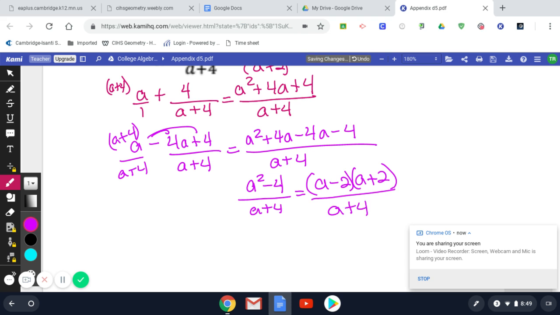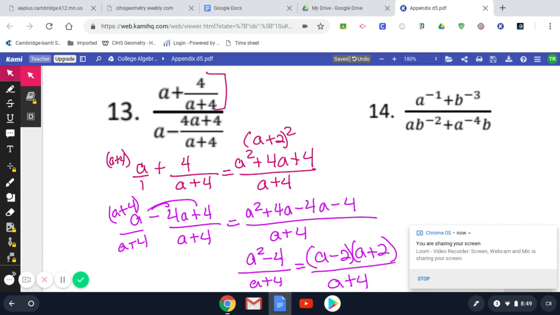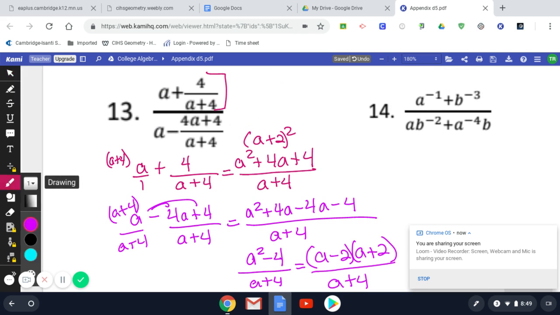Okay, so now I've simplified my numerator, I've simplified my denominator, kind of feel like I have a mess going on, but what I'm going to do is I'm going to remember a couple things. Number one, division is multiplying by the reciprocal. So instead of having a division problem with the fraction in the numerator and denominator, I'm going to multiply by the reciprocal of my denominator.